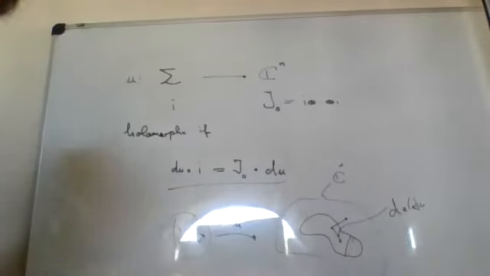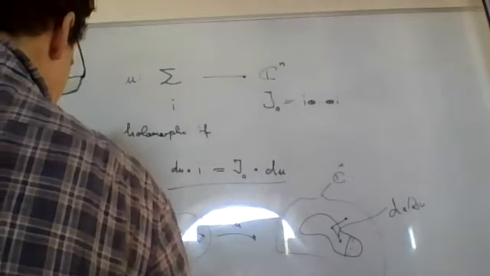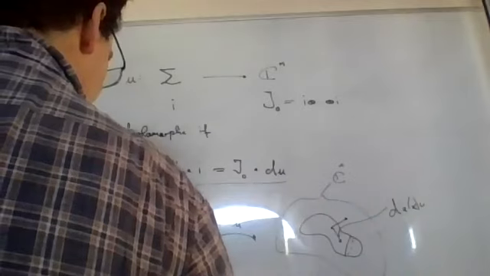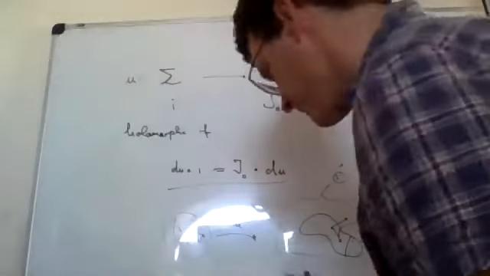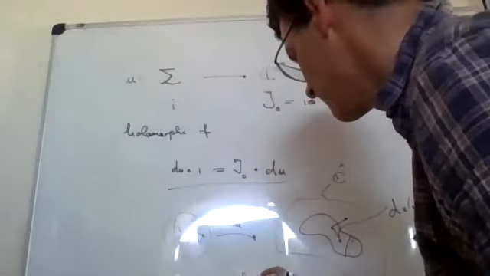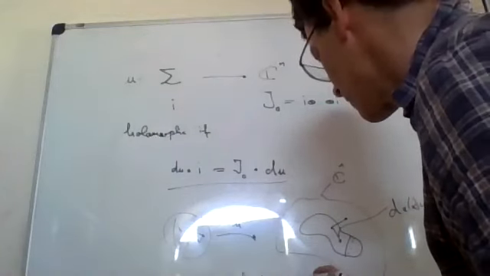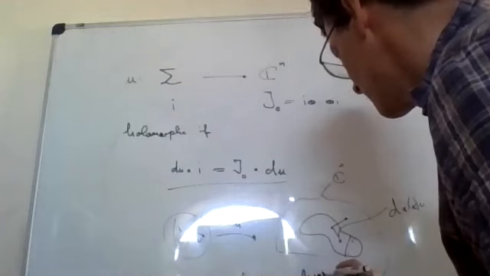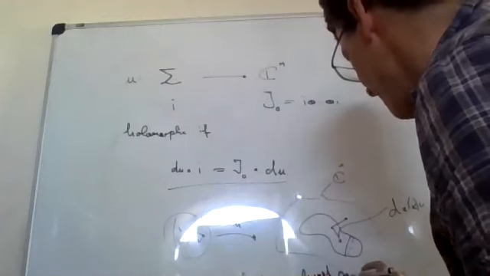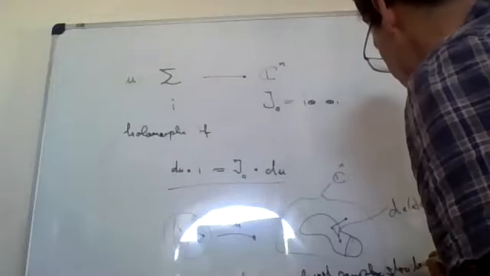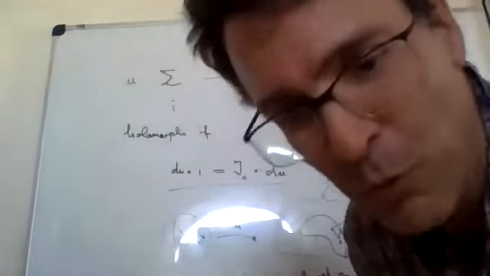So we can do the same for a manifold with an almost complex structure. You cannot read it, but it means almost complex structure.